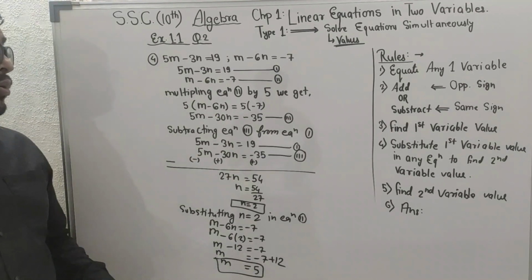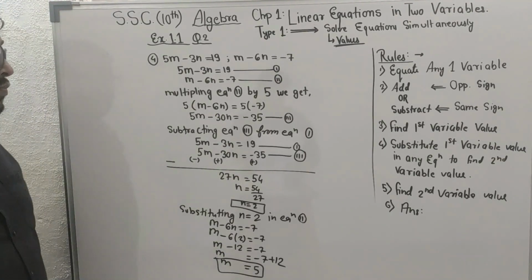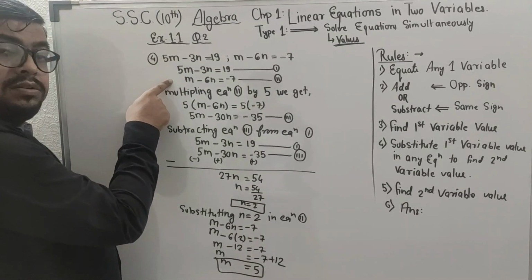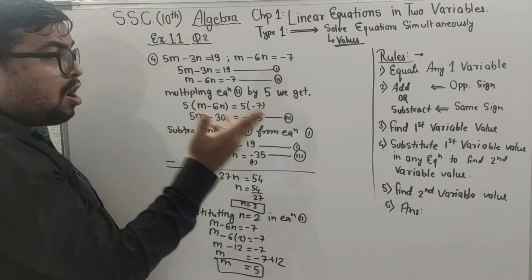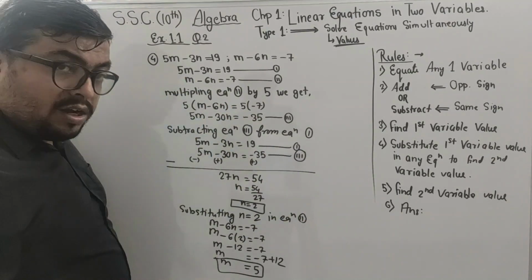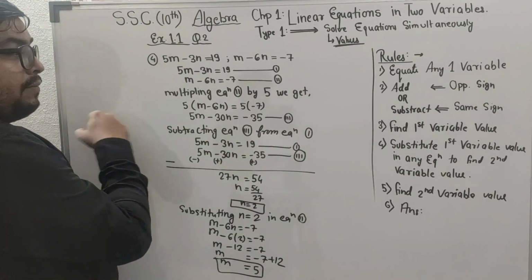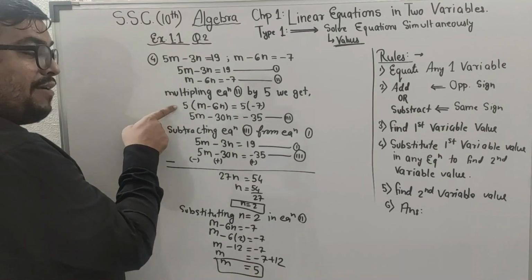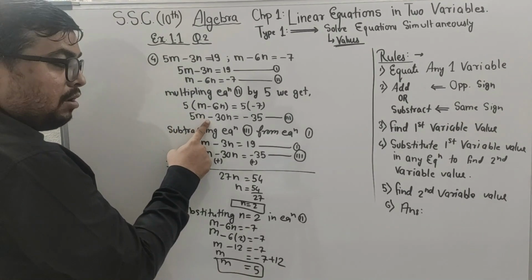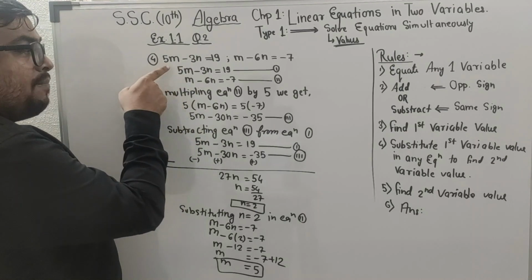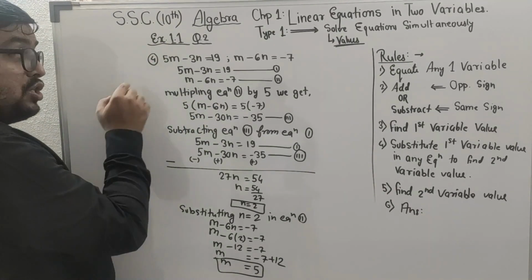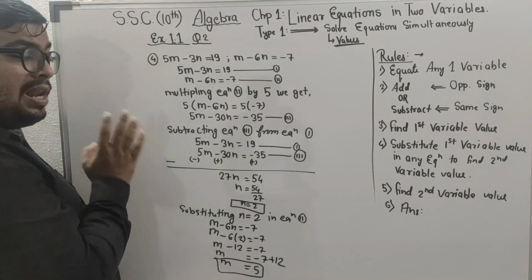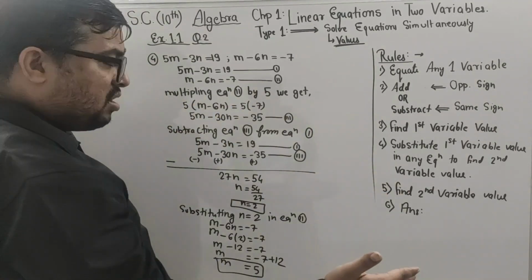Okay? Students, revise it first. You had two equations. In both the equations, neither m nor n is equated. So I multiplied equation 2 by 5. I got 5m over here. Now I am subtracting equation 3 from equation 1. जैसे ही मुझे 5m दोनों जगह पे मिल गया, मैंने अपना स्टेप नंबर 2 चालू कर दिया बेटा.